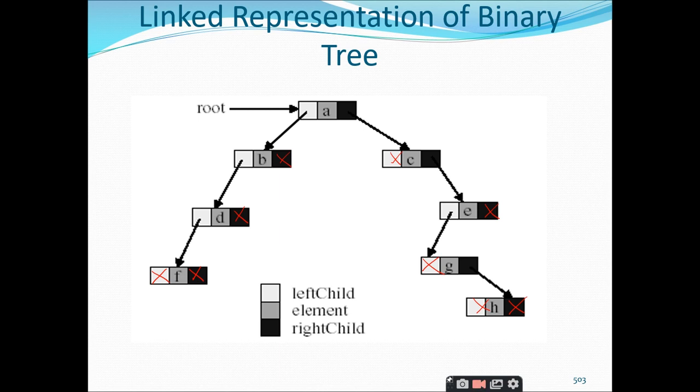So the most commonly used representation for binary trees is the linked list representation. If you want to save space, go for the linked list representation. If you want easy implementation, then go for the array representation. Is it clear up to this point? Clear, sir. Yes, sir. So this completes our concept of binary tree representation.